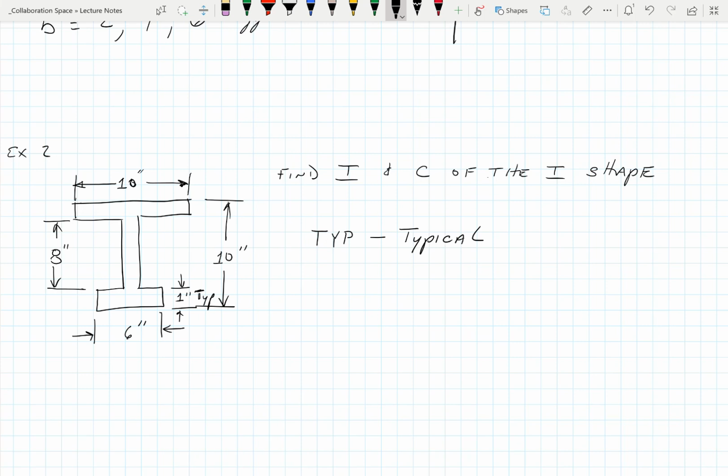Now here's the interesting thing. We have something that's not standard. You can't look it up in the book, and we need to take it in parts and pieces. So I'm going to label this one A, B, and C. I'm literally going to take it into shapes.